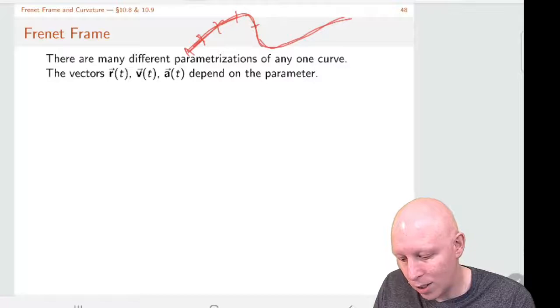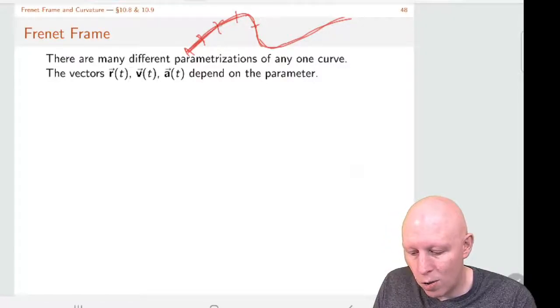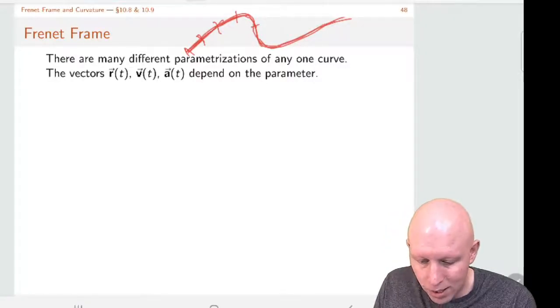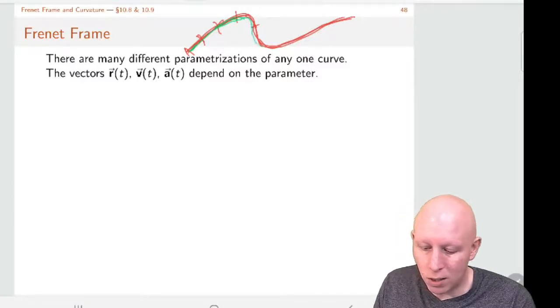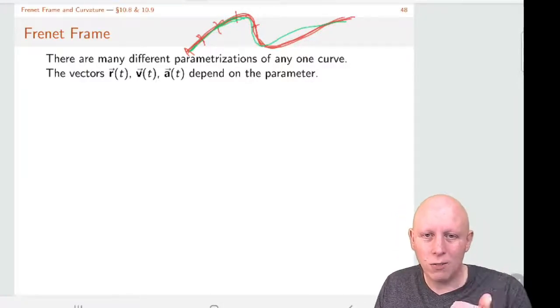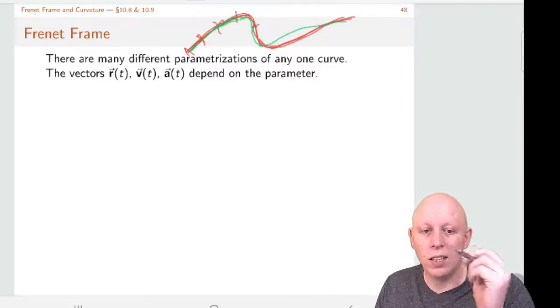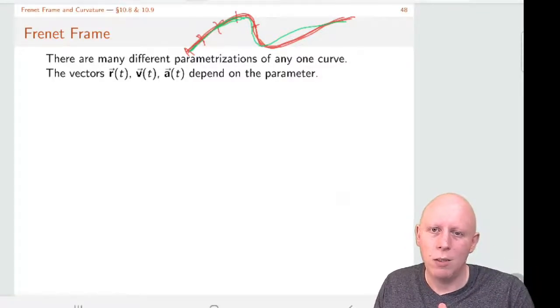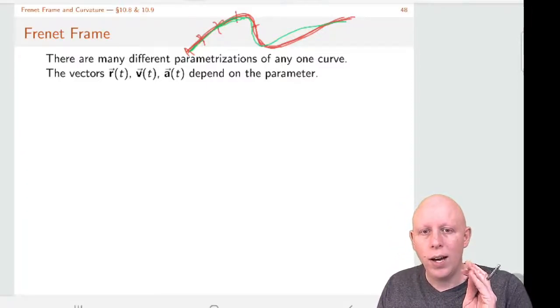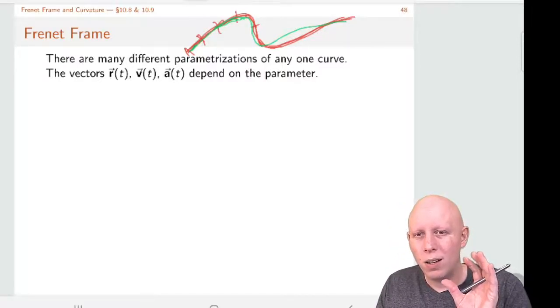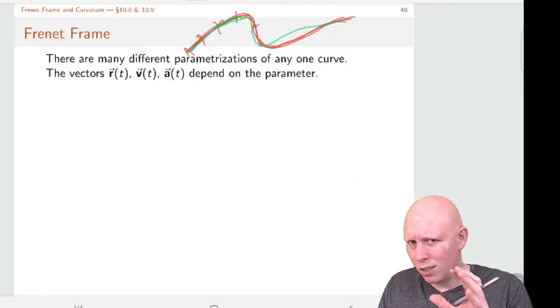You could go at a very slow pace and then fast, or you could go at a really fast speed, stop, go back, go along. In all these different ways, you're visiting the same points on the curve, but you're doing it in a completely different way. So the curve is just the curve.